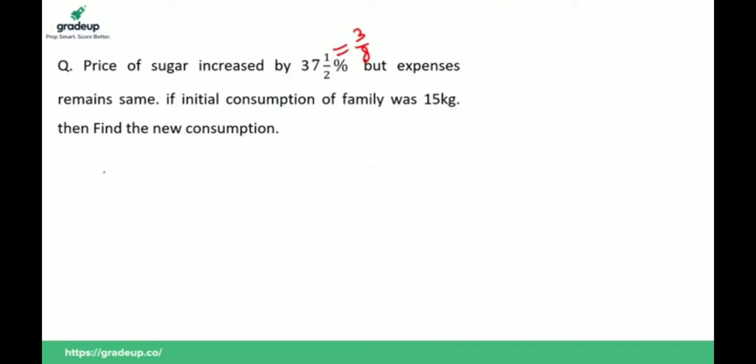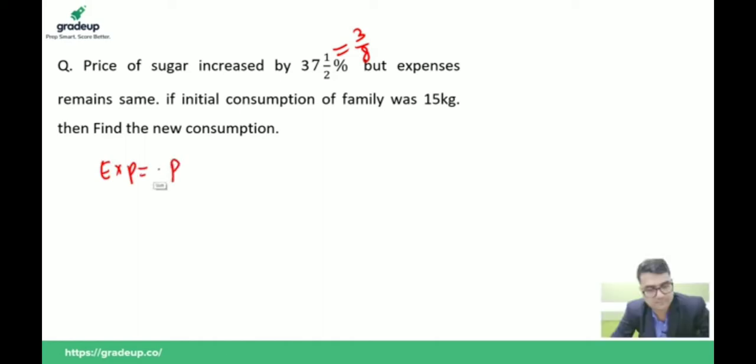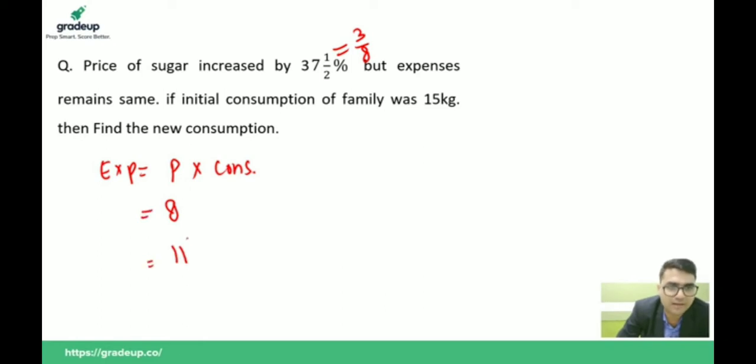As you all know, expenditure is equal to price into consumption. Let price be 8, and this is increased by 3, that is 11. Let consumption be 11.